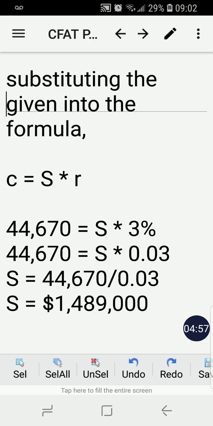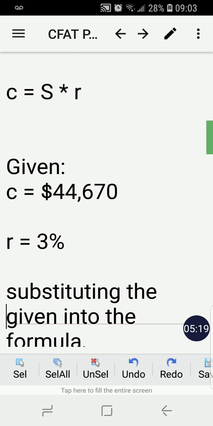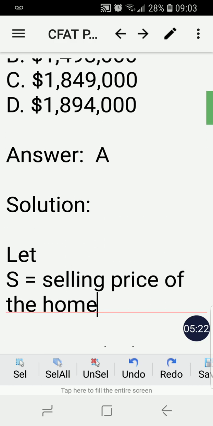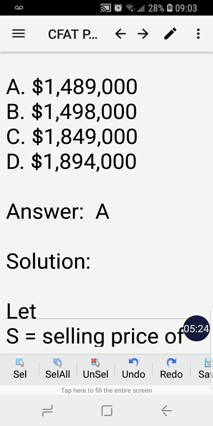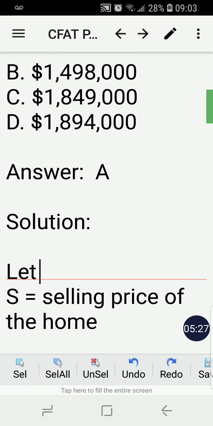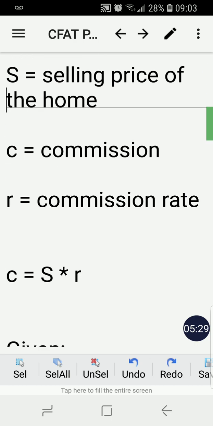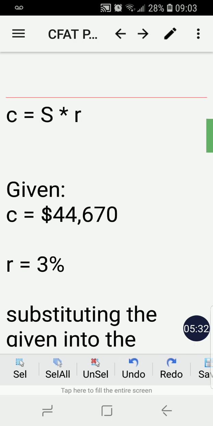We convert the 3% into its decimal equivalent, which is 0.03. And then we solve for S by dividing 44,670 by 0.03. So S is equal to 1,489,000, which in this case is letter A. Pretty simple, pretty straightforward. We just use a simple formula there.